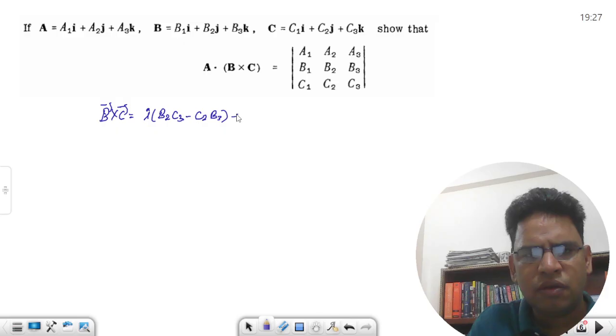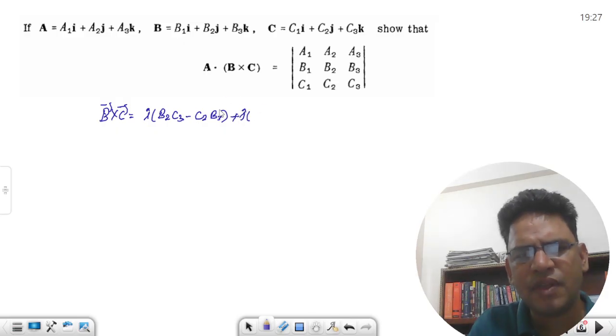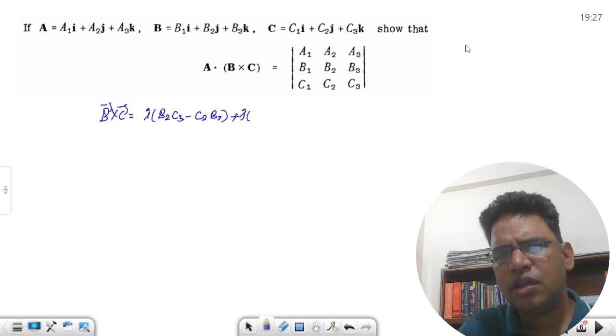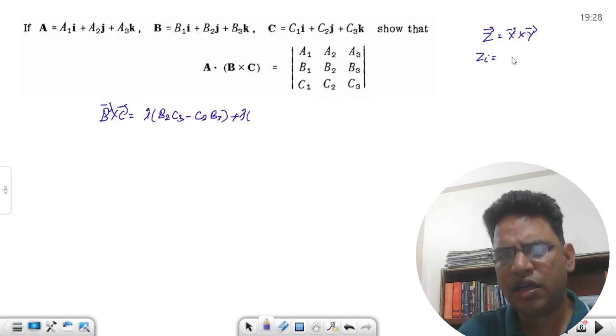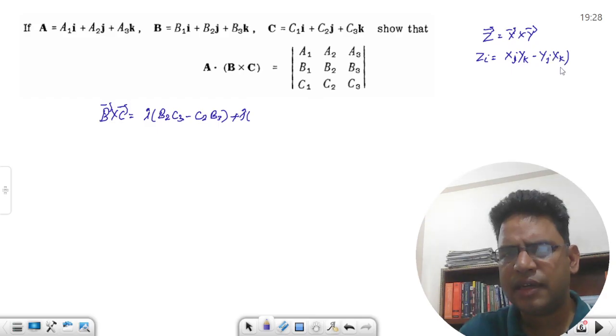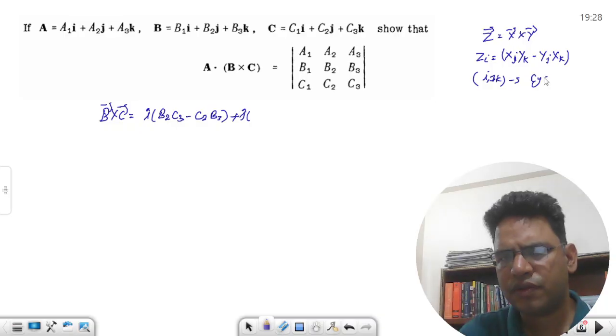Plus when I am writing j cap, if you remember, if this g vector is equal to x cross y, I can easily write the ith component as xj yk minus yj xk, where i, j, k are in cyclic permutation.